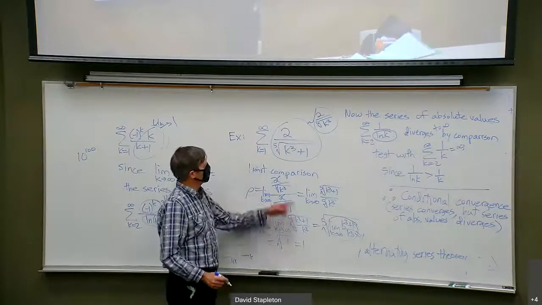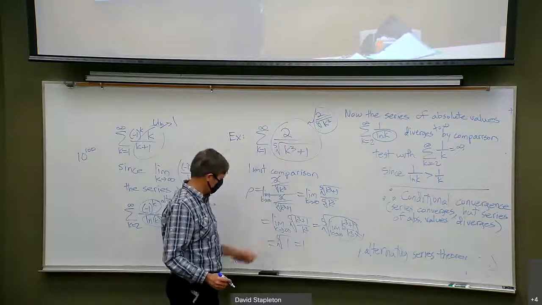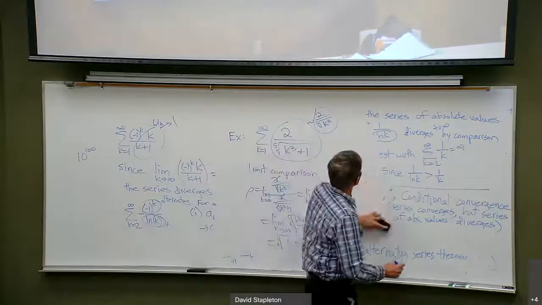Rho equals 1 says that these series, with these terms and these terms, either both converge or both diverge.